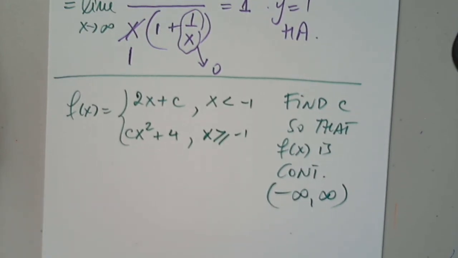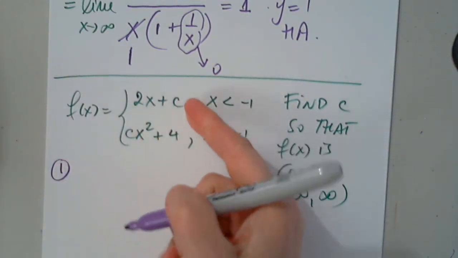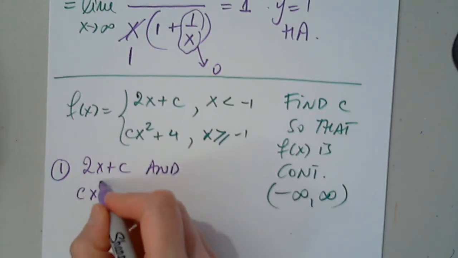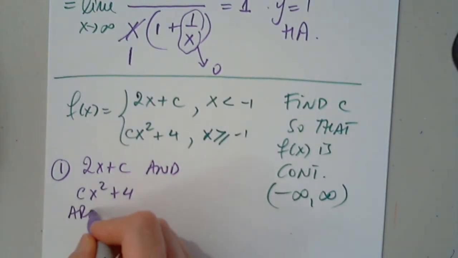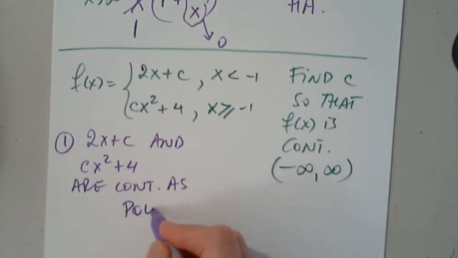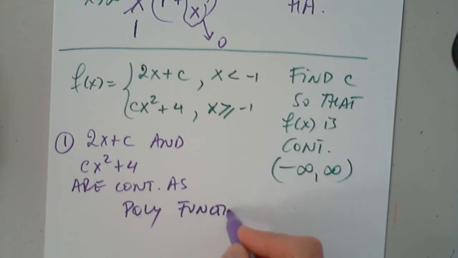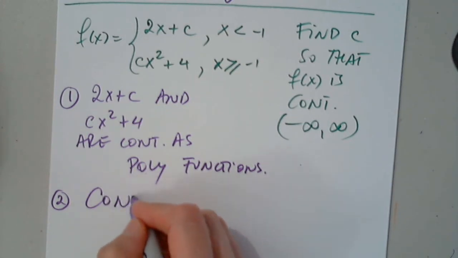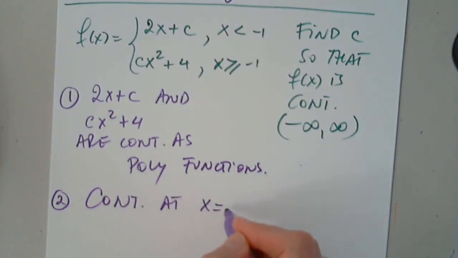So for such a question, the first thing I have to write is number 1, 2x plus c and cx squared plus 4 are continuous as polynomial functions. We know that polynomial functions are always continuous, and that's done. And in step number 2, I have to write continuity at x equals -1.